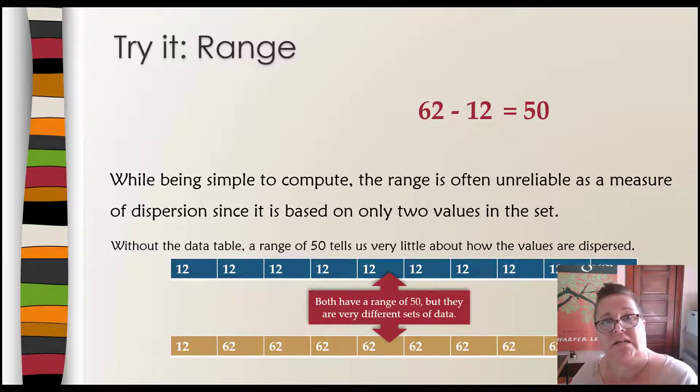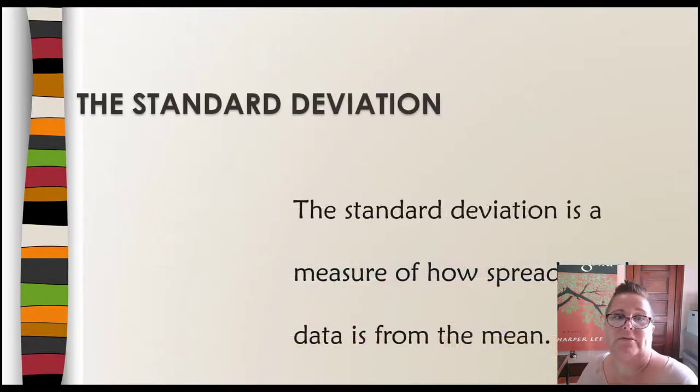So while range does tell us how spread out the data is, it doesn't tell us much about the data itself. All right. For that, we often use what's known as a standard deviation. The standard deviation is a measure of how spread out the data is from the mean, or from the average.